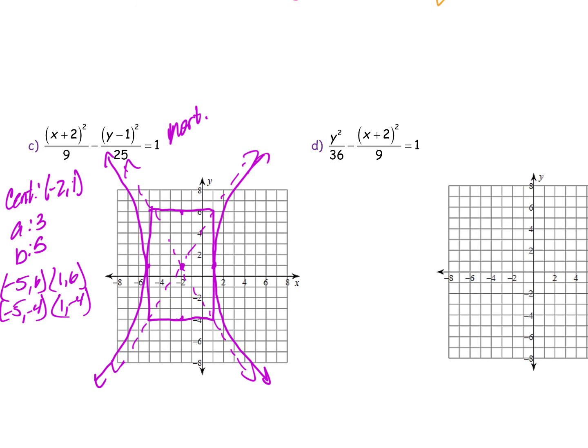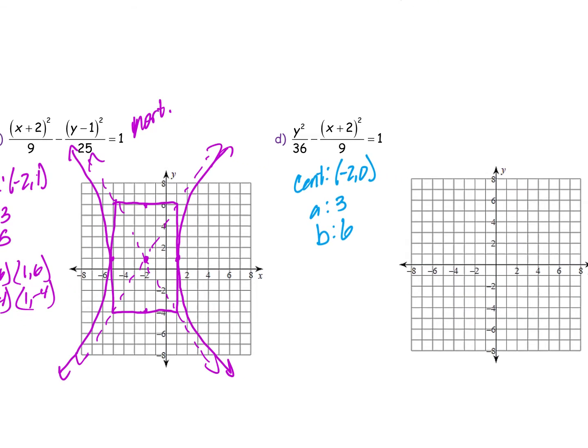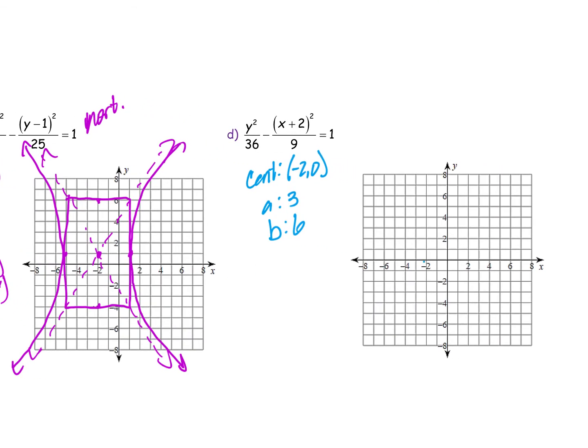And then my last one, let's see, what is the last one? Center is at, where's my center? (-2, 0). Yeah, (-2, 0). A is 3, B is 6. So we've got (-2, 0) is here. 1, 2, 1, 2, 3, 3, and then 6 and -6. So we should have (-5, 6), (-5, -6), and then (1, 6), (1, -6).